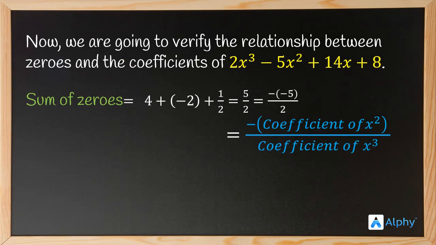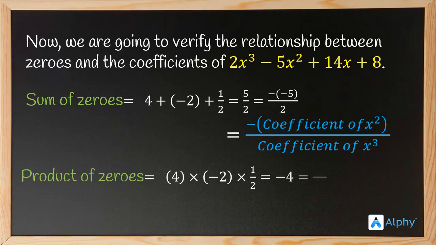Let's see what the next relationship is. We have the product of zeros, which is going to be 4 into minus 2 into half, which is equal to minus 4, and which can also be written as minus 8 divided by 2. If you see, minus 8 is actually the constant term here.